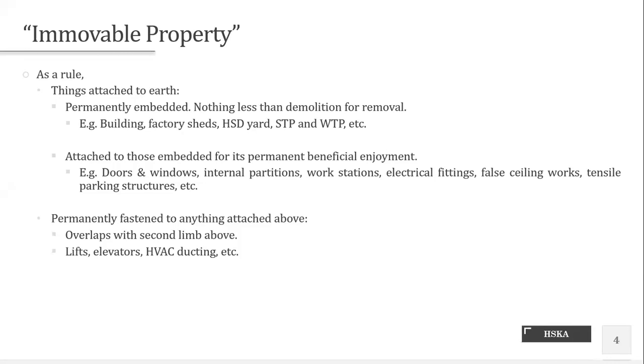Examples could be our buildings, our factory sheds, the HSD yards, the treatment plants. All of these are permanently embedded into the earth. When I say permanently embedded, once they are brought into existence, they form part of the earth itself.